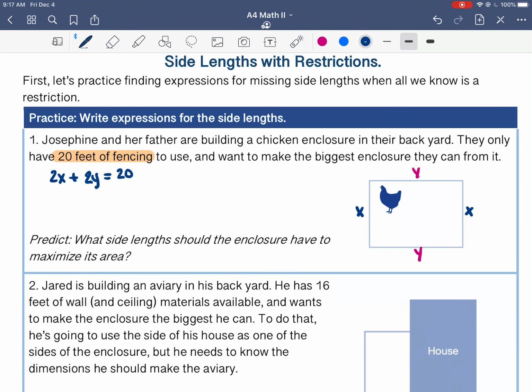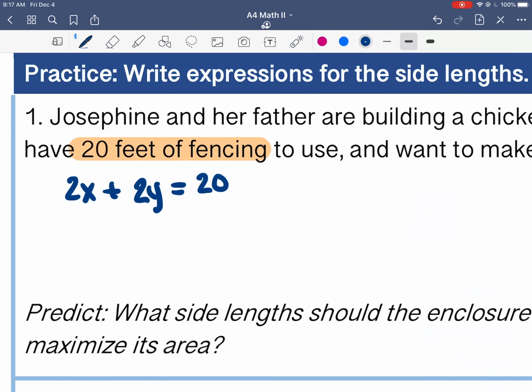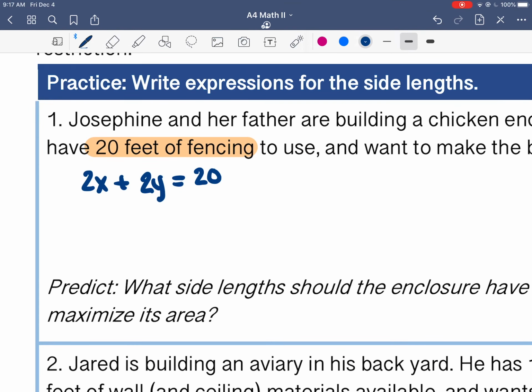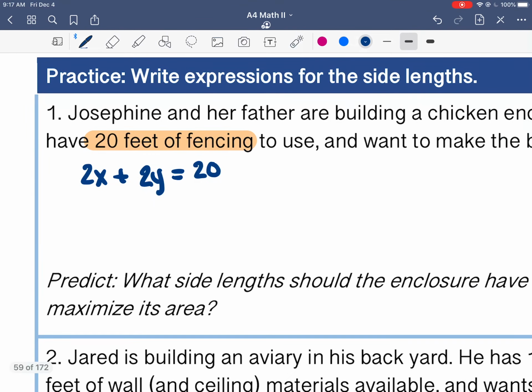And then to get to where we were before with the 10 minus x, we need to solve this equation for y. So we need y equals something. That will give us an expression for y using just x. You can do that many different ways. I'm just going to divide both sides by 2 because I'm noticing that's a common thread here.